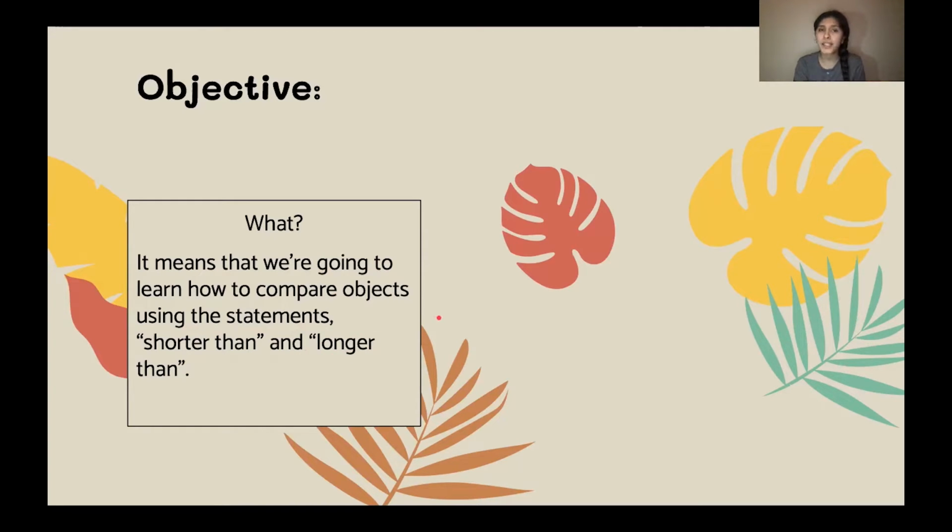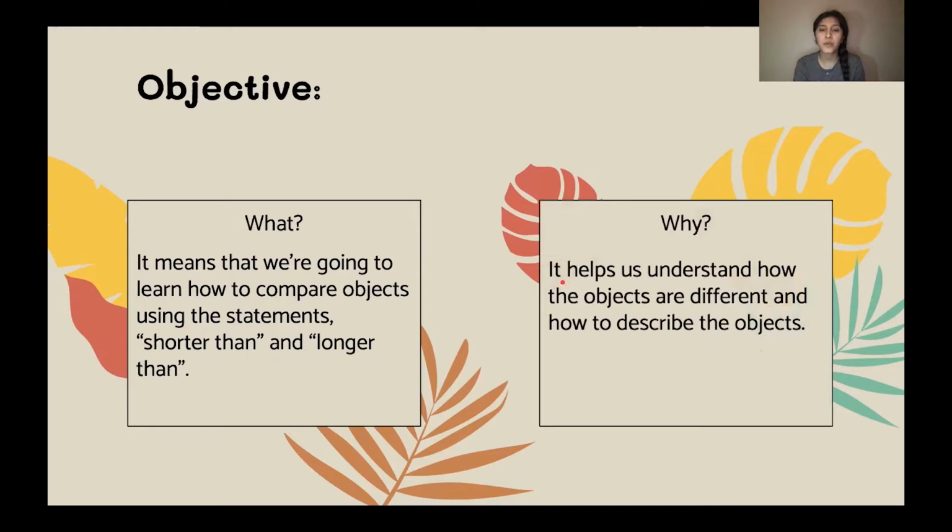But why is that important? It's important because it helps us understand how the objects are different and how to describe the objects. So, for example, if we put it in a real life situation, maybe sometimes your sibling wants you to pass a cup, and there's 2 cups on the table, and one cup is like this and the other cup's like that, and you're trying to compare them.